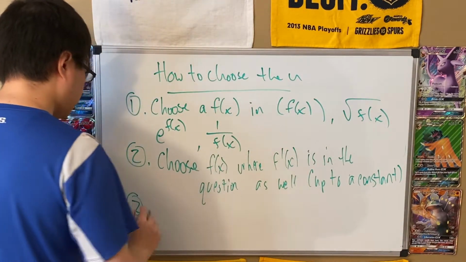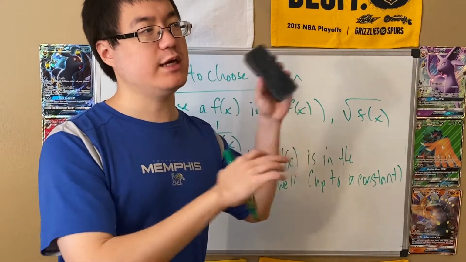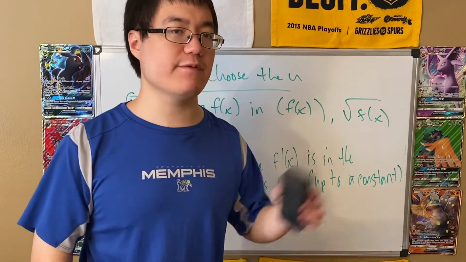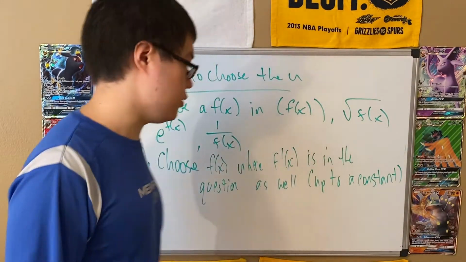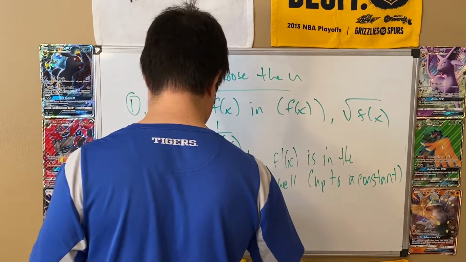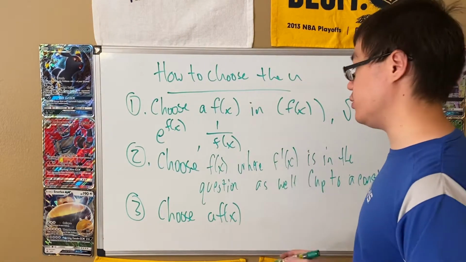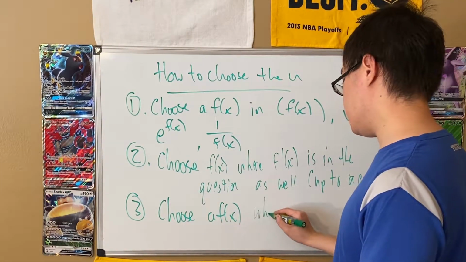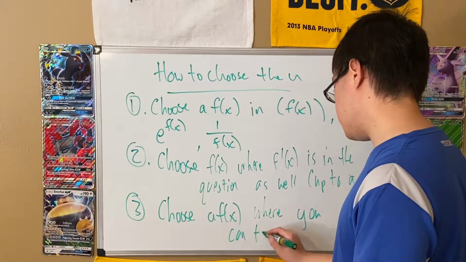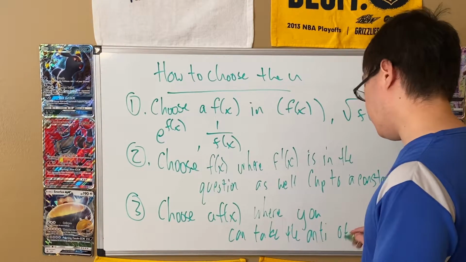And the third thing is you just try something and you need to be able to predict a few steps here and there, and then you'll be like, oh, I can take the antiderivative of what's remaining, so that's going to be a u. So choose a function where after you do the u-step process, you need to be able to take the antiderivative of whatever is remaining.